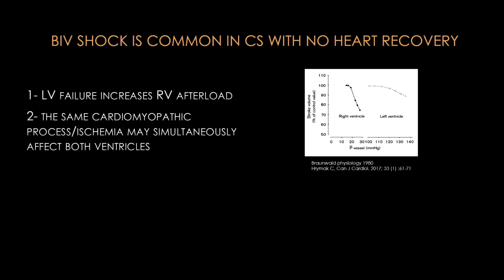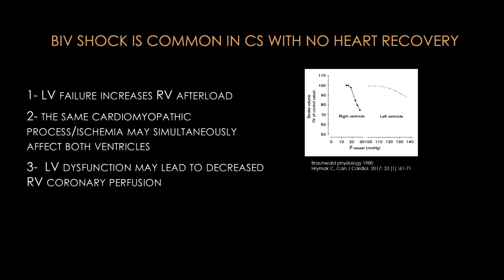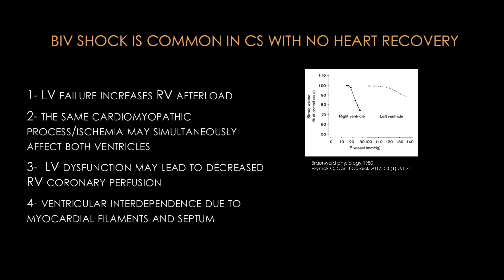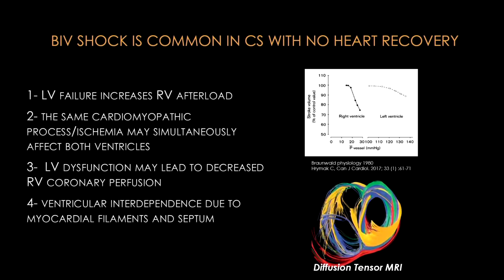The same process or ischemia can affect both ventricles. With LV dysfunction, the high EDP can increase wall tension and decrease the RV coronary perfusion. Also, as we know, the two ventricles share common myocardial filaments, so they can both get affected together.